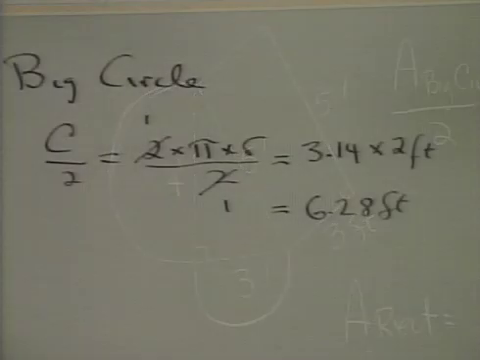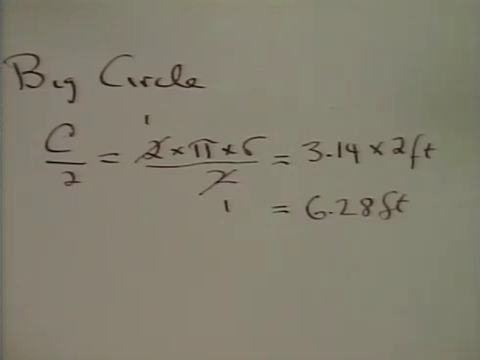Okay, now just for an example, this is the circumference of the big circle over 2, because I have half a circle. So you have 2 pi r, that's the circumference of the big circle. The radius is 2 feet, and notice how the 2's canceled.